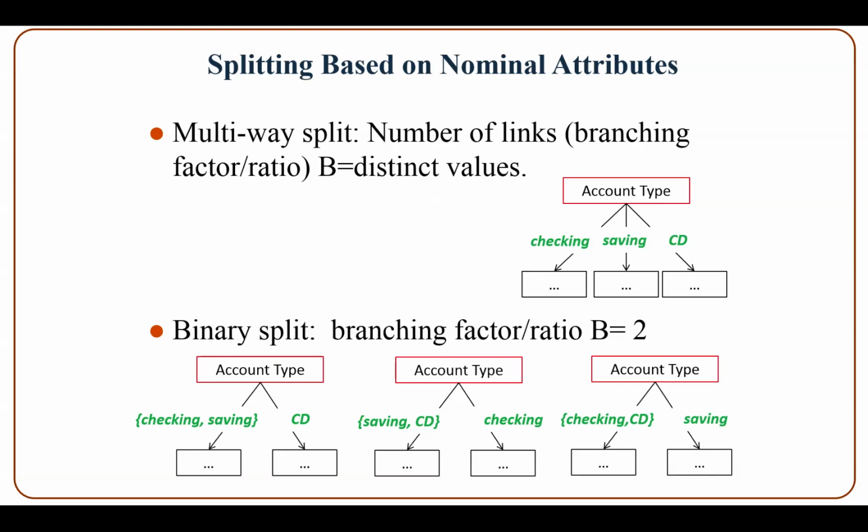So the number of links from the node account type is equal to 3. If it is two-way split, meaning the branching factor B is equal to 2, you can combine the distinct values, for example, checking with saving, or saving with CD, or checking with CD.